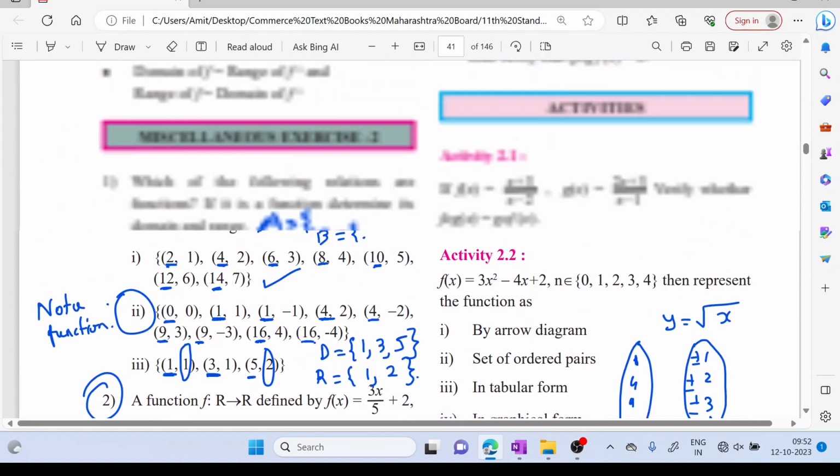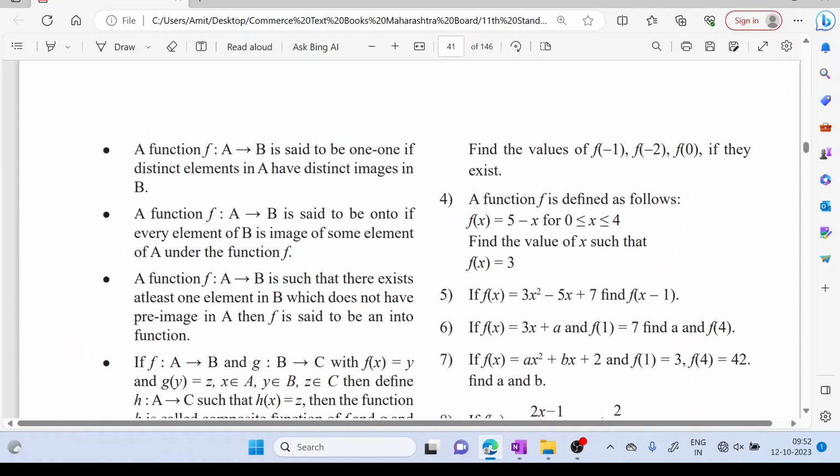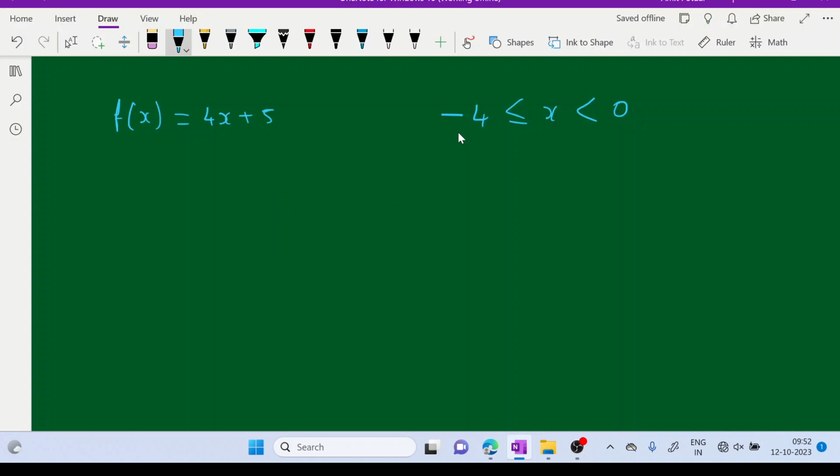You are supposed to find f of minus 1. So can we find f of minus 1? The answer is yes, because minus 1 lies in the interval minus 4 to 0. So we can find it. So it is 4 into minus 1 plus 5, which is minus 4 plus 5, which is equal to 1. So that is the first problem.